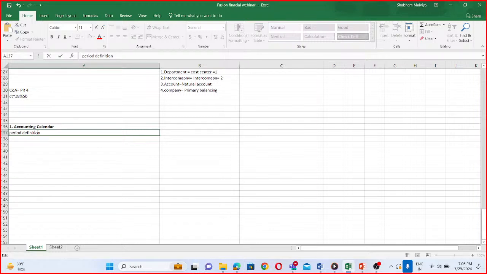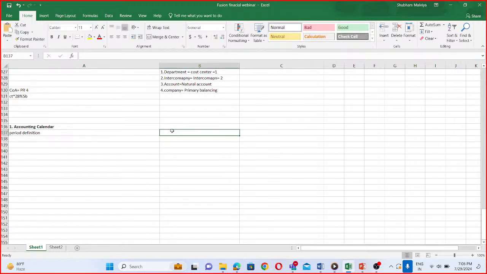The accounting calendar defines the financial period, and a financial period can be months, quarters, or years. So this is about the period definition.